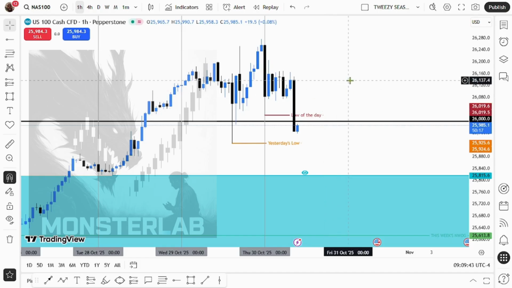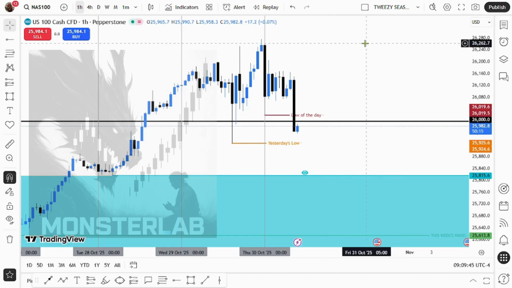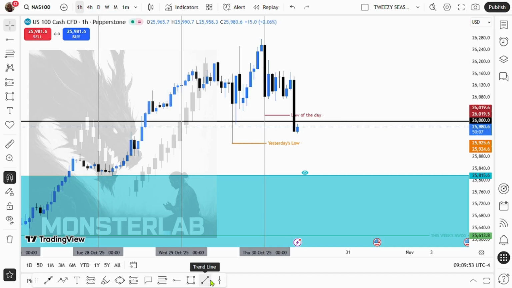That's my target for the day. We have already taken out the low of the day, but I still want to see price reach down below there.